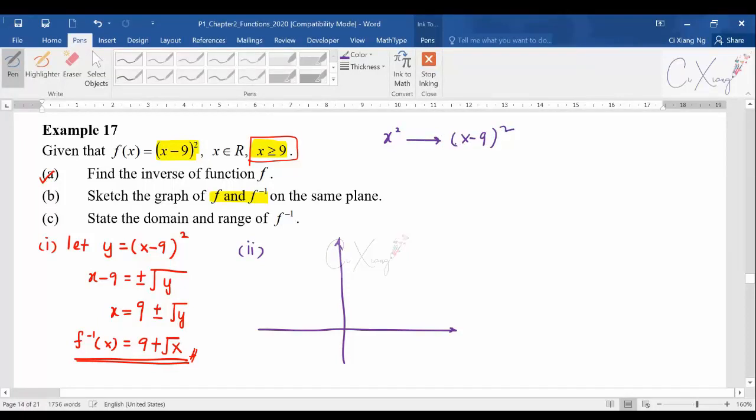So that means you are moving the graph 9 units to the right hand side. So if this is a 9, and they only want you to consider the part for x greater than 9, so your U shape eventually will have only half of it. Okay, so this is what you have for the f(x).